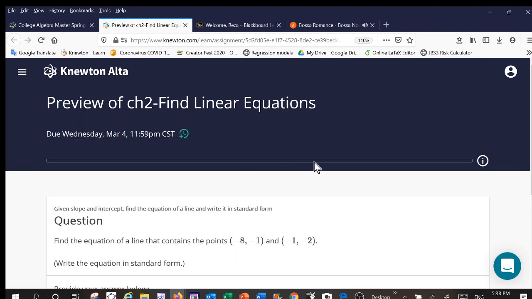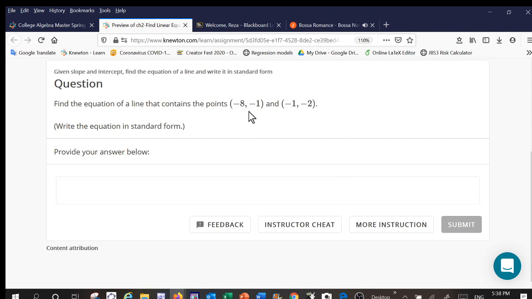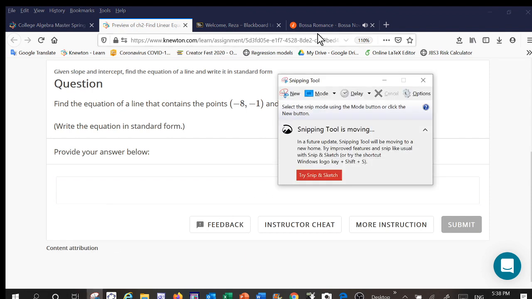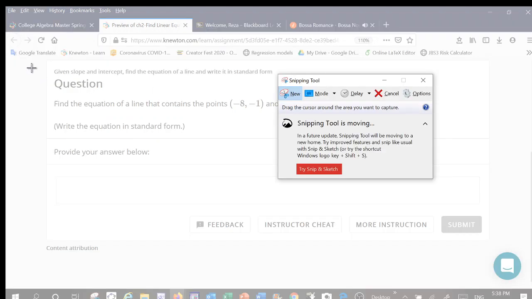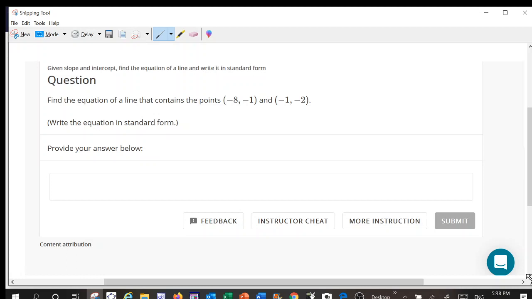So we have find the equation of a line that contains the points (-8, -1) and (1, -2). Well, what we have to do is, since we have 2 points, remember we have 2 different ways we can write the equation of a line. This one and this one.